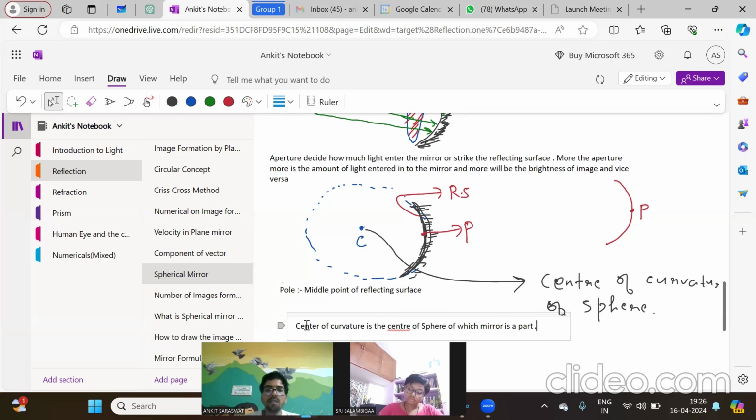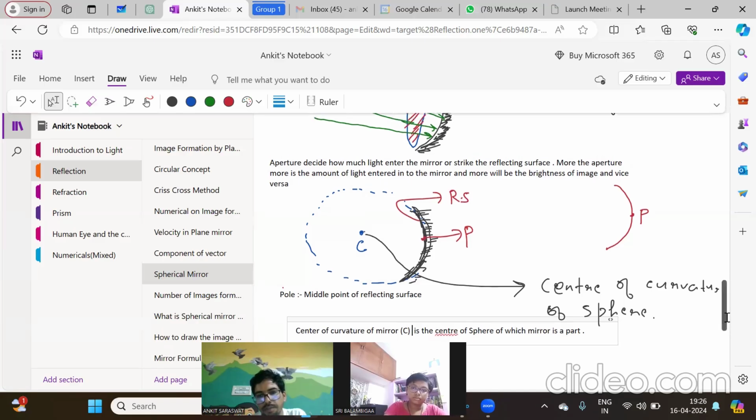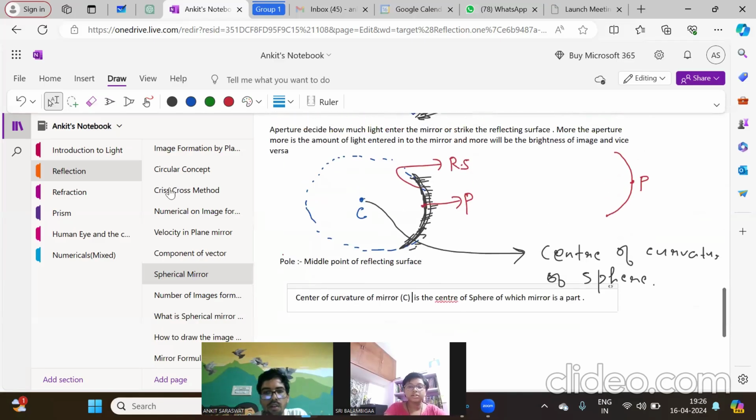So the mirror is a part of this sphere, then the center of this sphere will be the center of curvature of the mirror. Center of curvature of a mirror is the center of the sphere of which the mirror is a part. Clear?